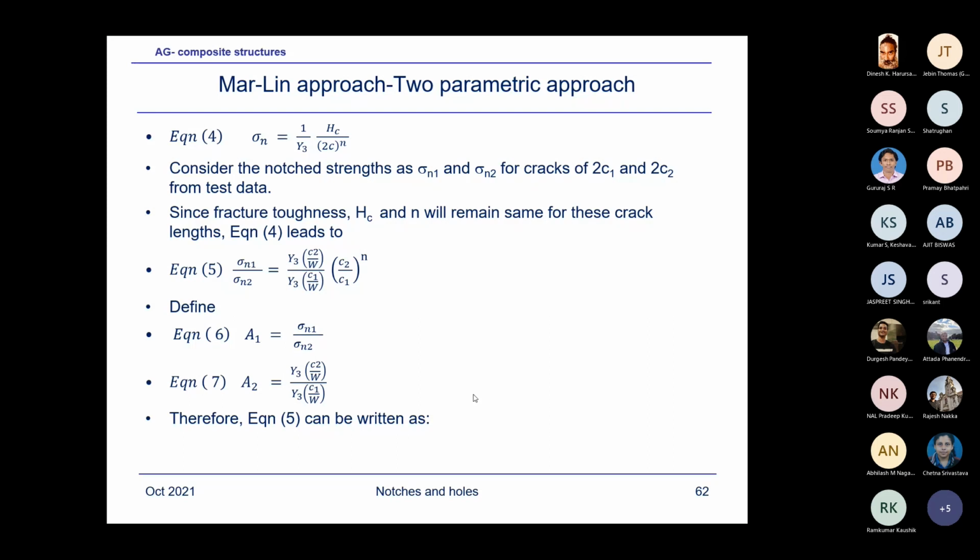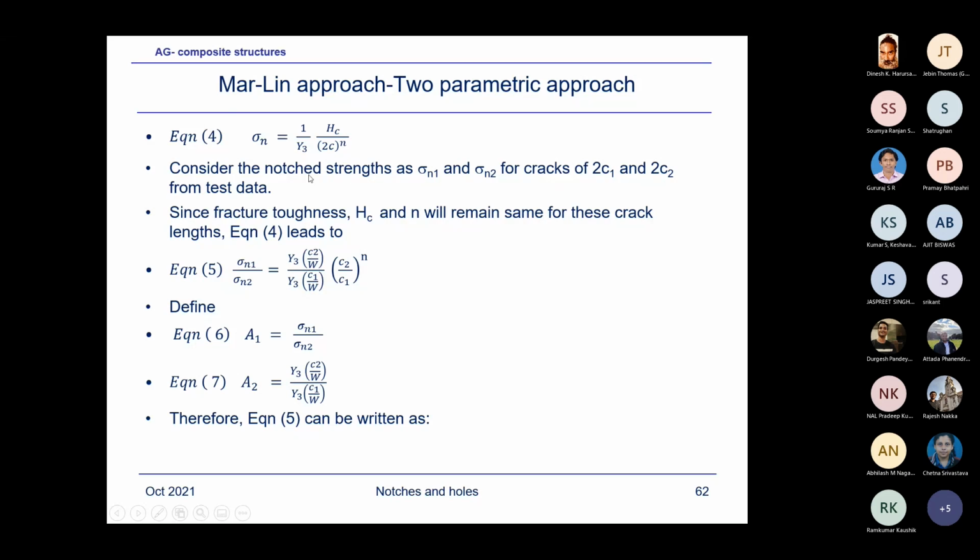In point stress criteria, you have to test only one crack length in order to determine D1, because the other coupon is unnotched strength where the crack length is 0. Here, you have to consider two crack lengths, 2C1, maybe one coupon of 5 millimeter crack and another of 10 millimeter crack, in order to get these two parameters calculated. Two unknowns, so you need two equations.